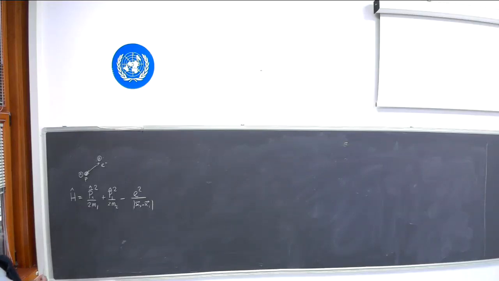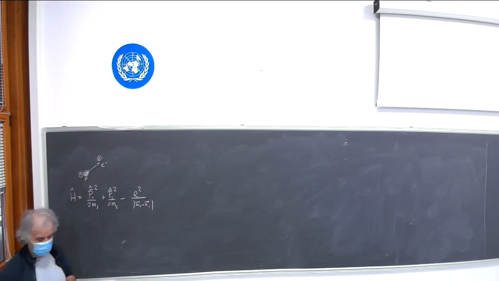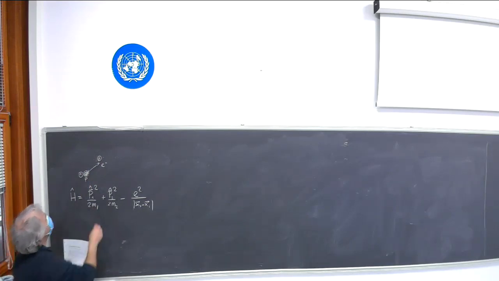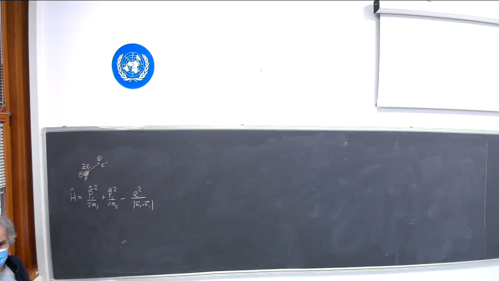I could even generalize this object. I could imagine that this is a nucleus which has a certain number of protons and neutrons, okay? With a certain charge, Z, okay? Z is the nuclear charge. But the important thing is that there is only one electron. So for instance, this could be lithium, helium, which has 2 protons and 2 neutrons, by the way, okay? But ionized.